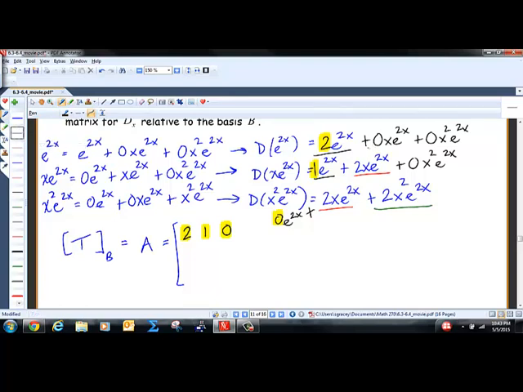We end up having 0, 2, and 2. So again, we'll go across and we'll have our 0, our 2, and our 2. And then lastly, do you see how we have 0, 0, and 2? So going across, we'll have 0, 0, 2. And that's how we get our standard matrix A.